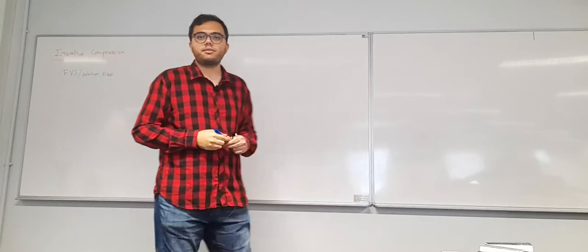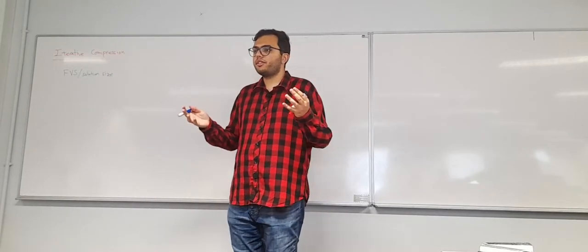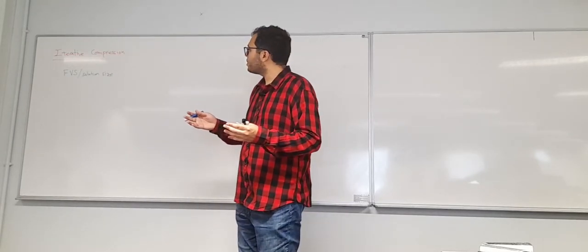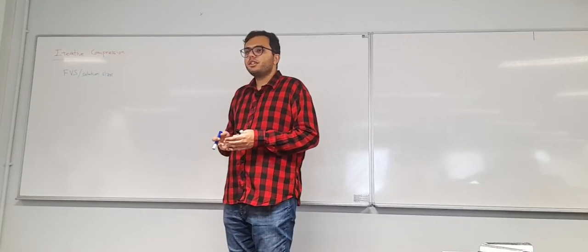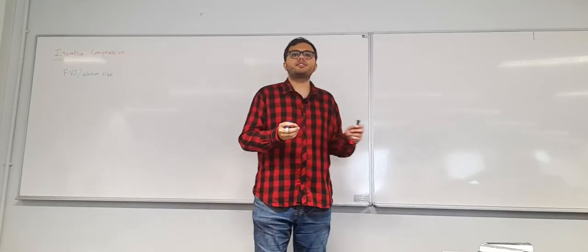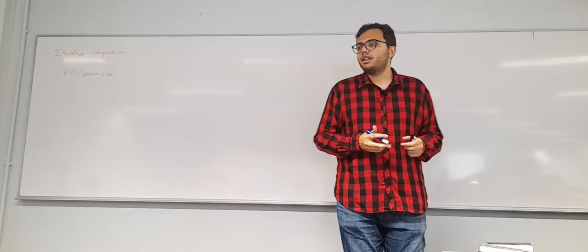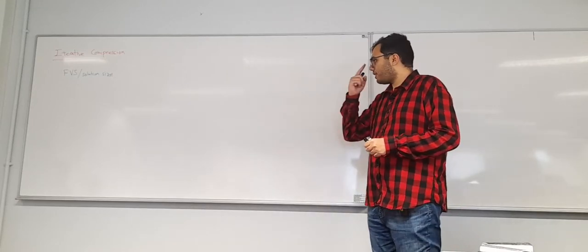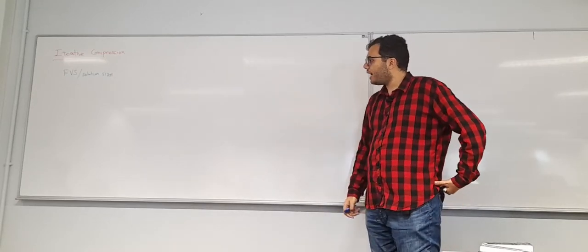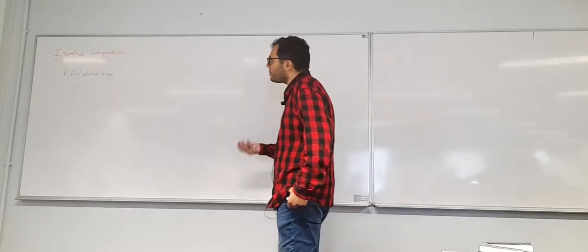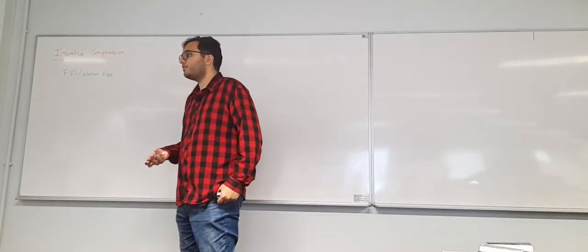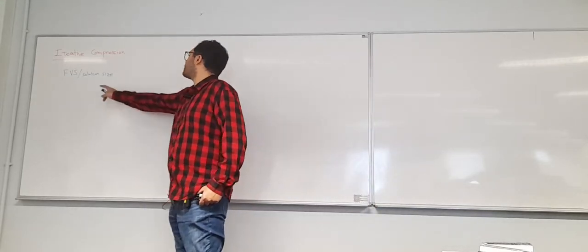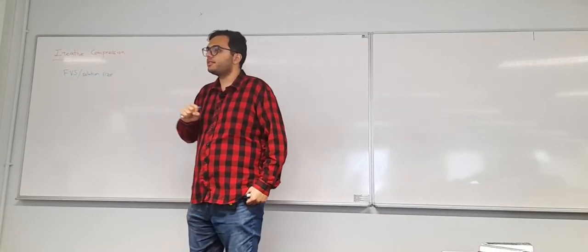Feedback vertex set was just that you have some graph and you want to remove some of the vertices so that there are no edges remaining in the graph. And I'm assuming that I have an undirected graph here. And let's say that I'm given some number k, and I want to remove at most k vertices. So that's the part where I say it's parameterized by solution size.